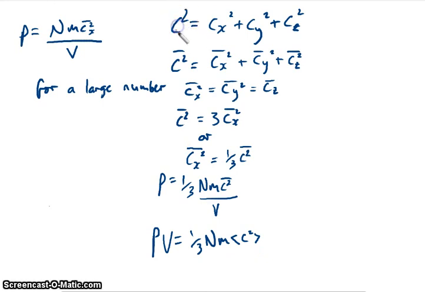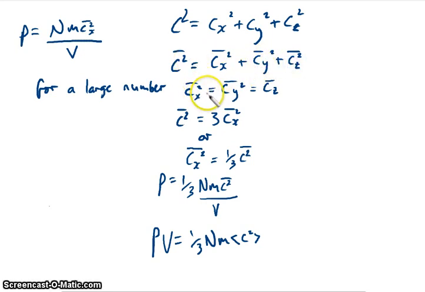Now if we look at the total speed, the total speed is combined from the 3-dimensional components. But for a large enough number of molecules, on average they'll be the same. So you can just put it as c squared, it's just Pythagoras' rule here. And then we look at the average, we've got cx squared, cy squared, cz squared, all in averages.